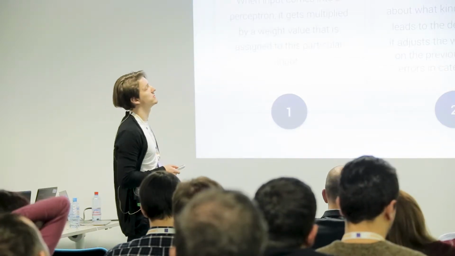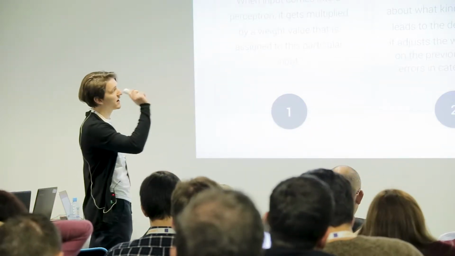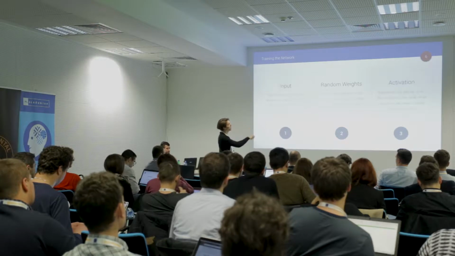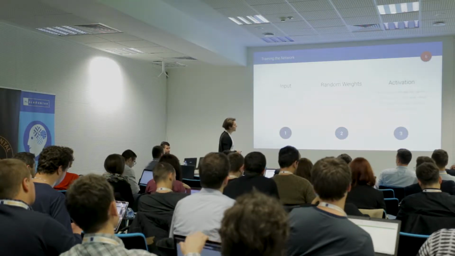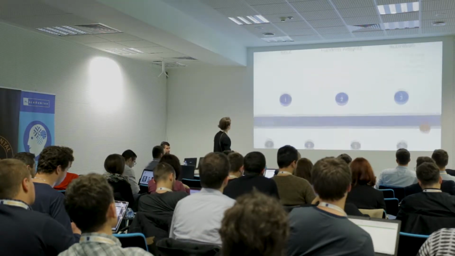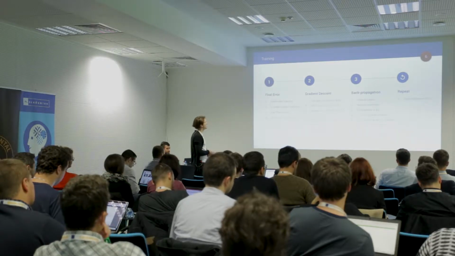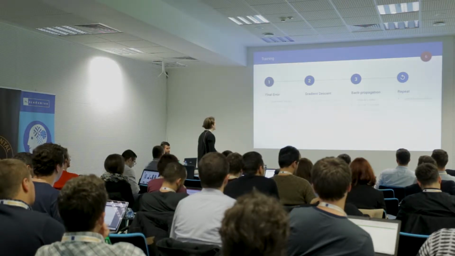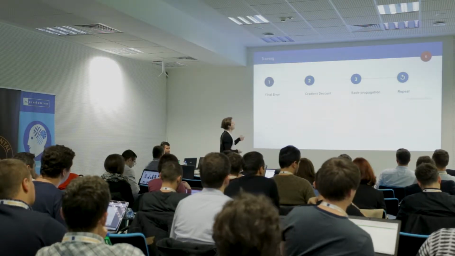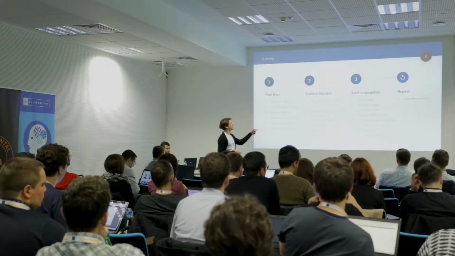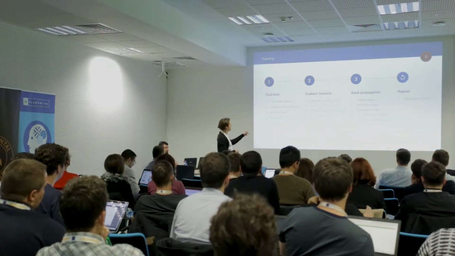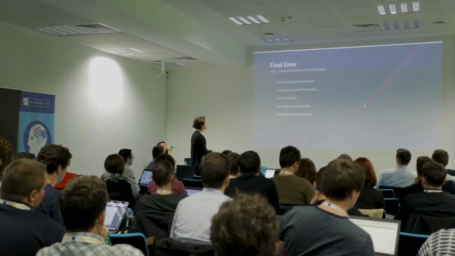We're going to look more closely at this in a moment. And then they're going to pass through an activation function, which decides in the end what's going to be the final output. So this is the more in-depth part. Basically, you're going to have a final error, gradient descent, and backpropagation. I'm going to go more deeply into all of them.